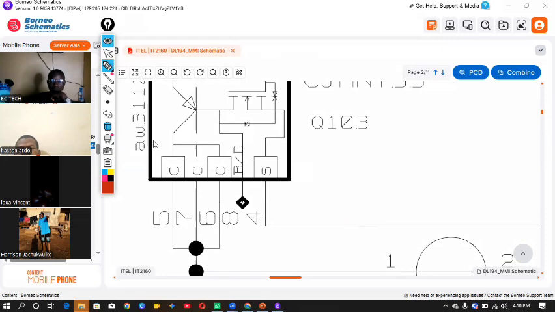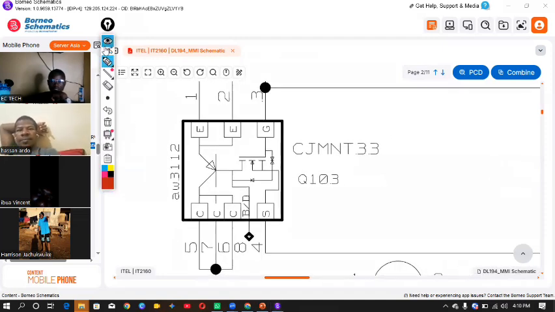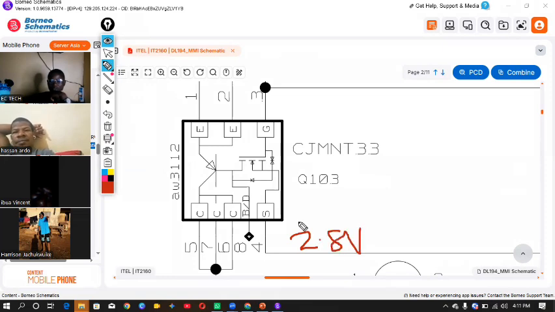Let me try to minimize it more so that we can see everything entirely. So we are having 2.8 volts coming from the power IC.